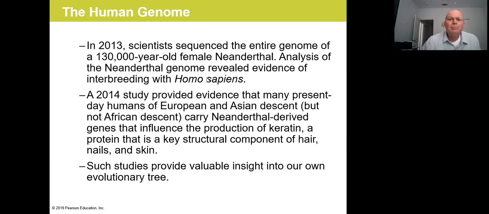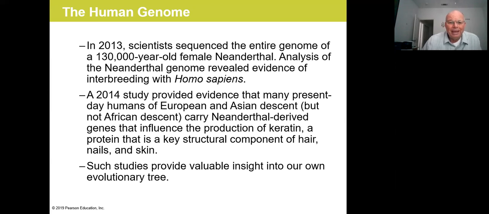We also know that some of the conditions that we recognize in Homo sapiens as being adaptive, like pale skin in northern climates, may have actually been something that we inherited from Neanderthals.